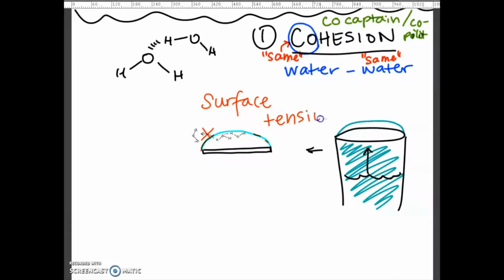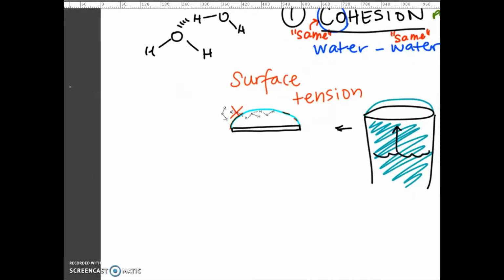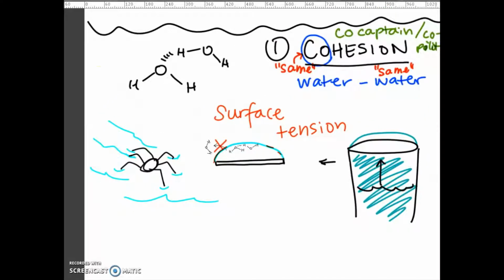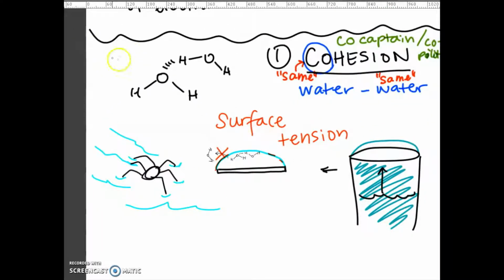Now, if you remember all of your biology from before, you notice that there are some of these little bugs that can actually walk on water because of this surface tension. The water is going to be strong enough to hold them up so they can walk on water, and they're not heavy enough to break the hydrogen bonds that are holding the water together.